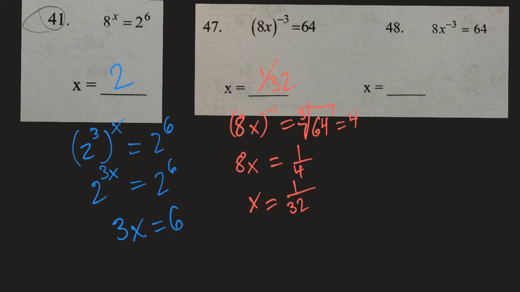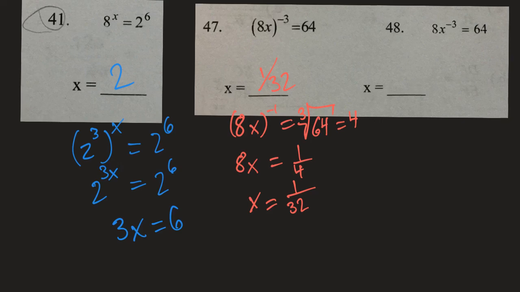So with 47, what you can do is instead of trying to find a common base immediately, we basically just have our 8x to the power of -3 is equal to 64. Instead of trying to distribute that 3 and figure out what 8 to the power of 3 is, what we can do is take the cube root of 64.